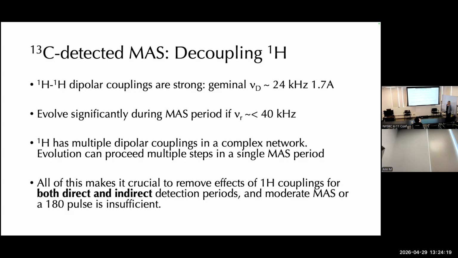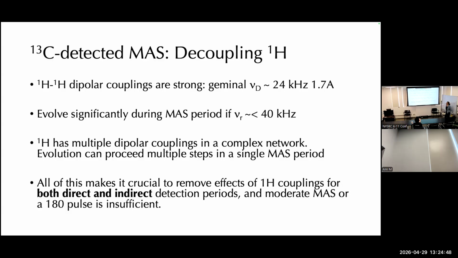I mean, that's stronger than most of the other things in the problem, except for the strongest pulses or the fastest spinning that we have available in the lab. Most of the things we do, that coupling is going to exceed. So they will evolve significantly during one individual MAS period if you're using a normal rotor, not an alternator.